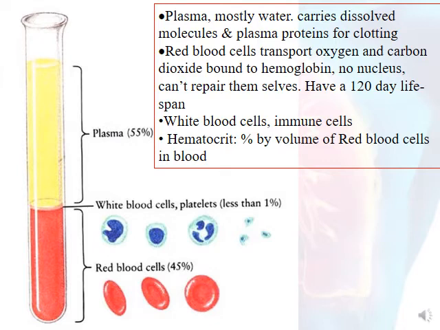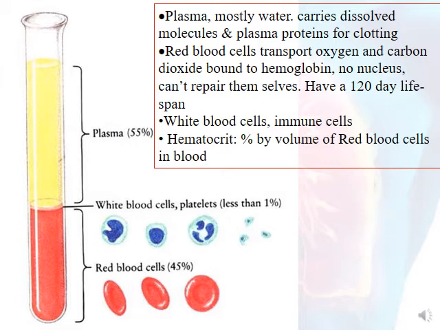Plasma carries dissolved molecules and contains plasma proteins for clotting. The red blood cells transport oxygen and carbon dioxide bound to hemoglobin, with the symbol Hb. Red blood cells are anucleated.